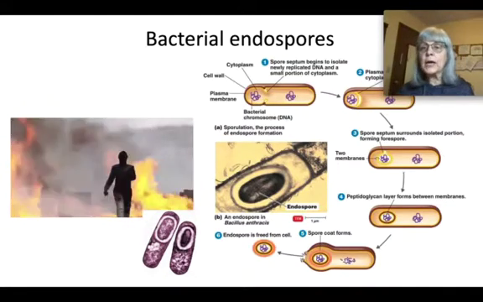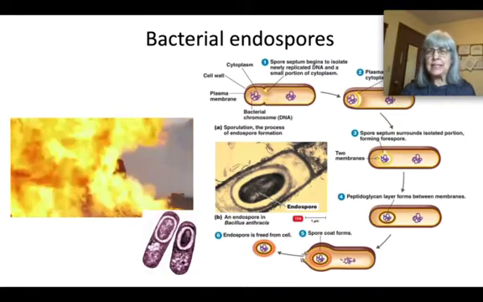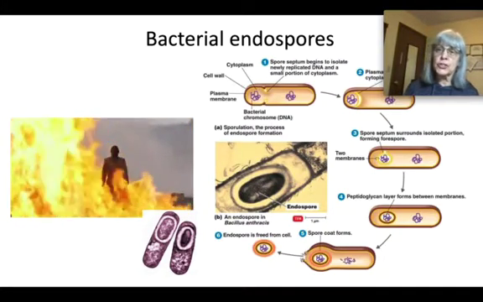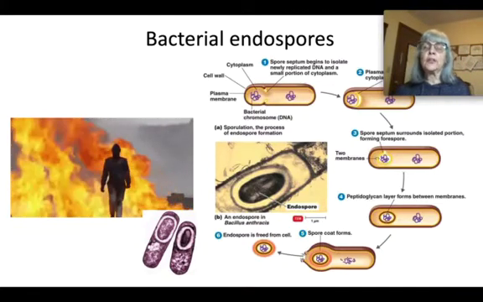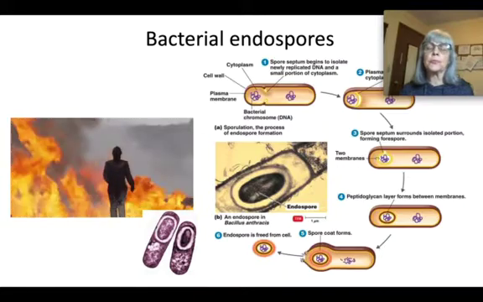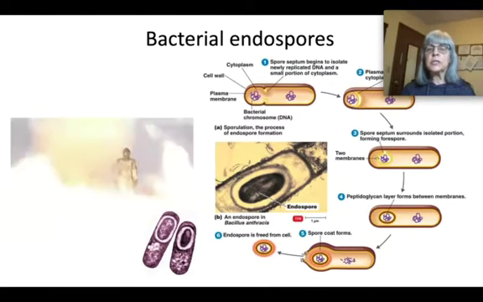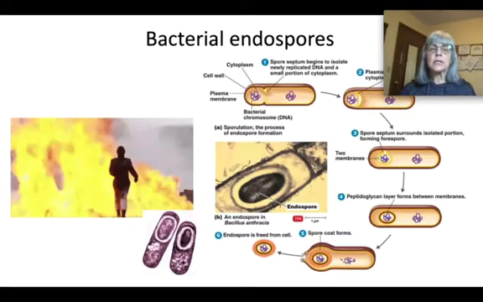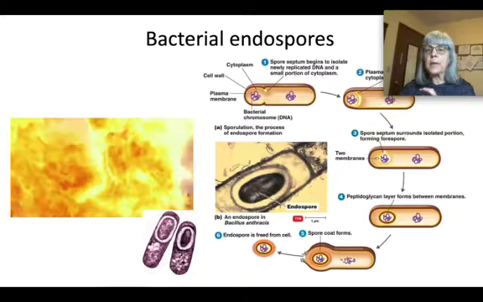Now, what are they? They are really a type of bacterial reproduction. At the end of bacterial endospore formation, you will end up with a hard, dormant, inactive, non-metabolic bacterial cell.